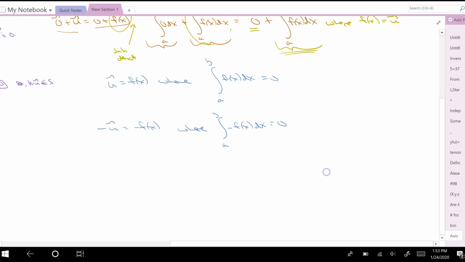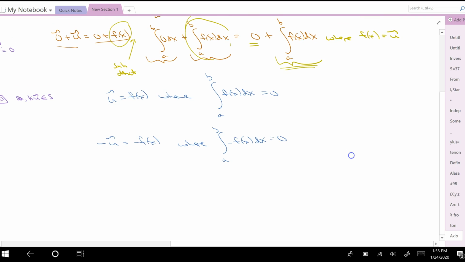The question is, does u plus negative u equal 0? Well, let's see. This we know equals 0. What does this equal? Oh, whoops, actually, we don't know that equals 0 yet. Let's do that. Okay, what does this equal? This is going to equal, let's pull the scalar out, negative integral from a to b of f of x dx.